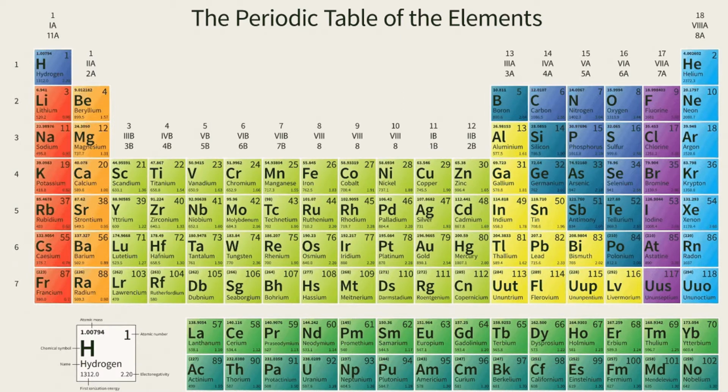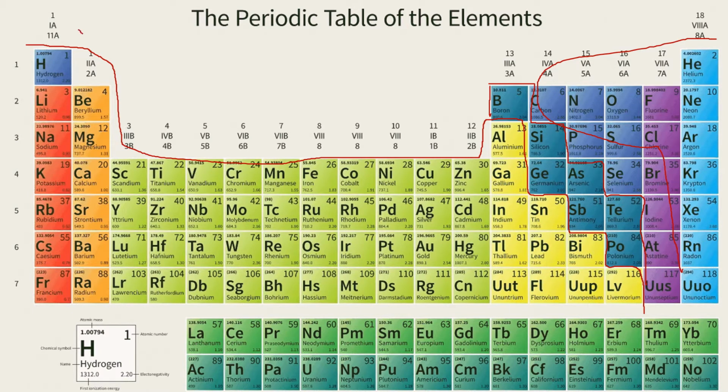So you have the metal group. And you have your semi-metals, the ladder-like in the periodic table. And of course, you have your non-metal. The rest is non-metal with the exemption of hydrogen in family 1.